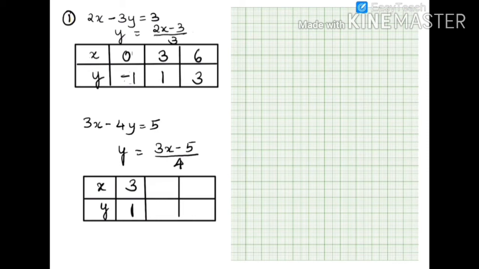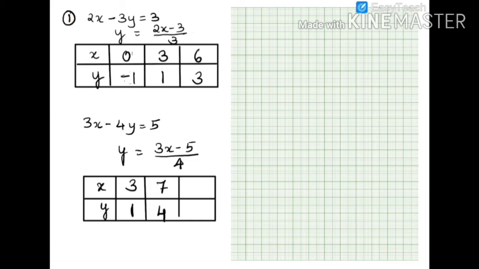Let's take the next value of x as 7. So 7 into 3 is 21, 21 minus 5 is 16, 16 divided by 4 will give us 4. Now observe that we have increased x by 4, y increased by 3.